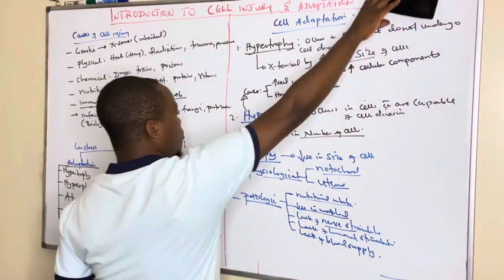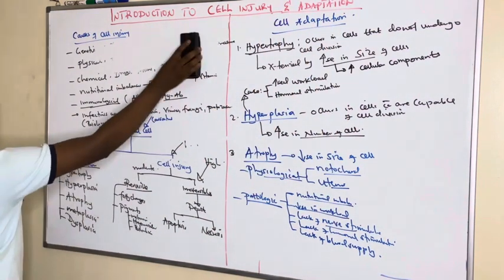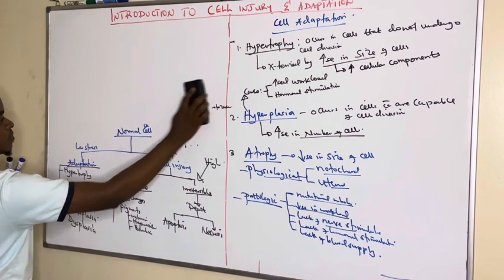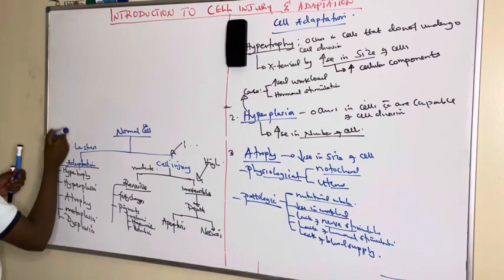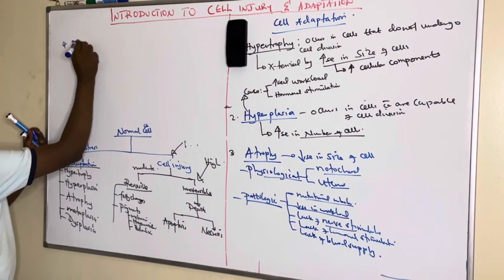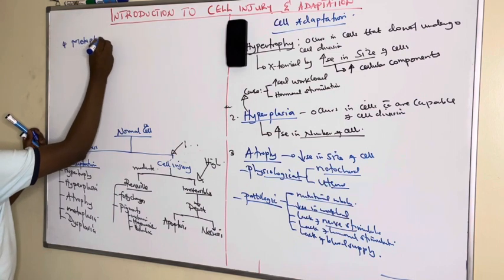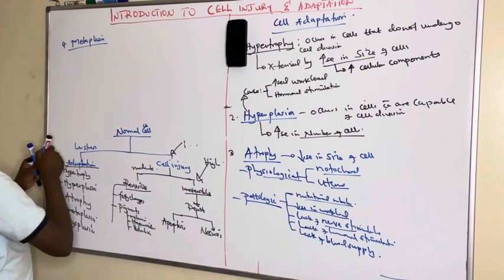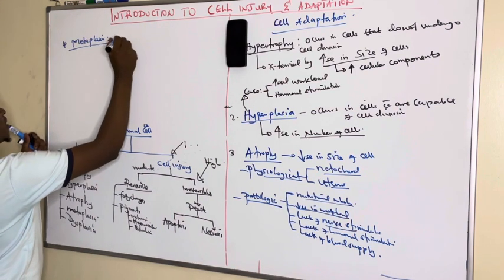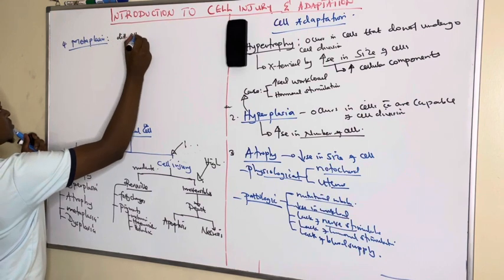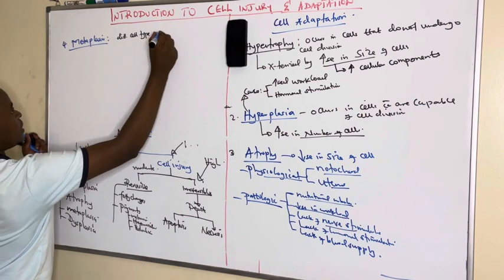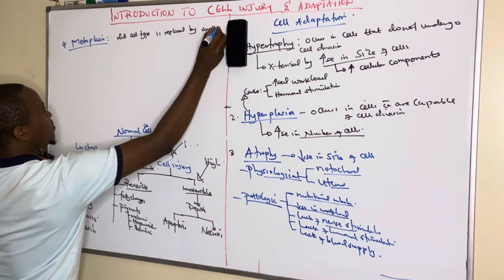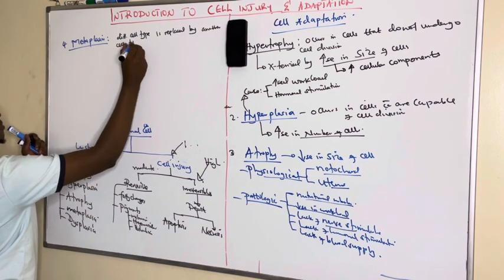Then lastly, as we conclude this session, we can look at metaplasia, which is number 4. In metaplasia we see differentiated cells, whereby one cell type is replaced by another cell type.